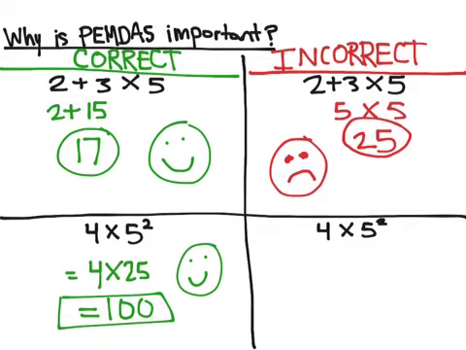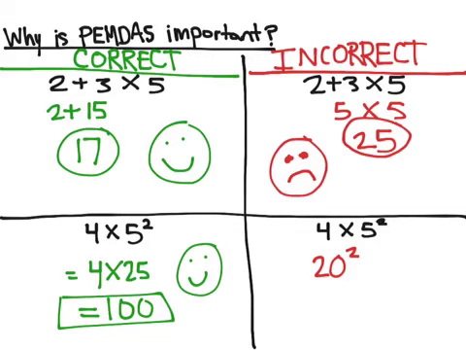Let's look at what would happen if we were especially irresponsible and didn't use PEMDAS. 4 times 5 squared, and we just started with 4 times 5. Well, 4 times 5 is 20, and then that squared would come down. And so we would have 20 squared.